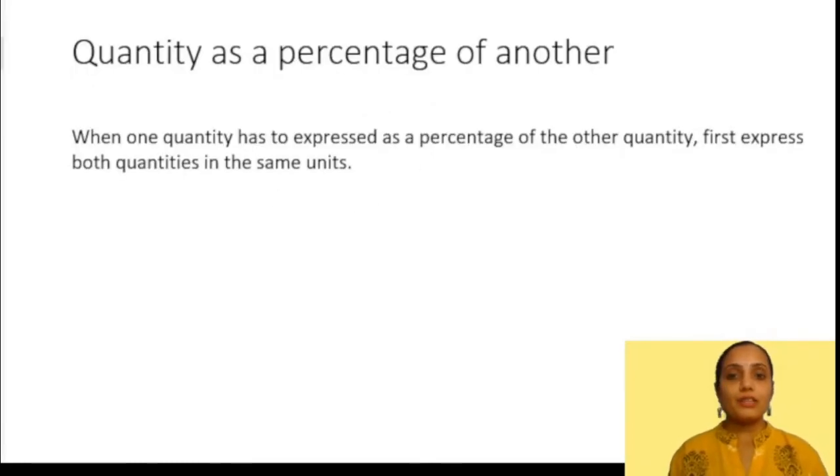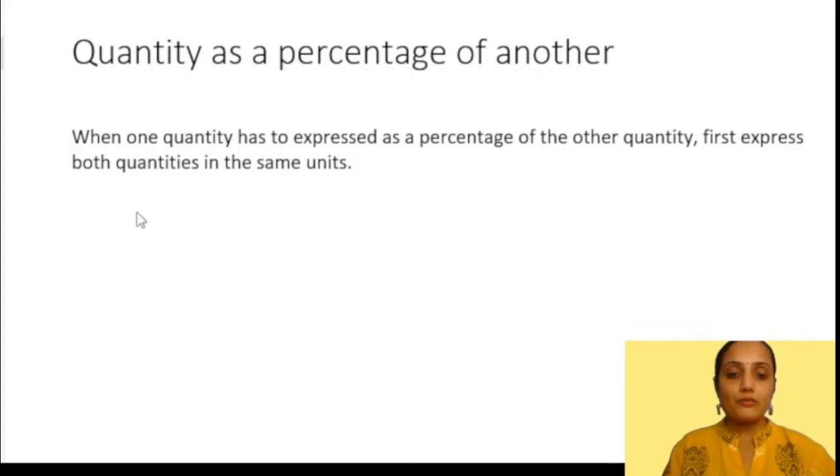So the next thing that we are going to see is expressing one quantity as a percentage of another quantity. That means the first quantity is a portion of the second quantity and the second quantity is considered as the whole. So the first thing that we will have to keep in mind is to keep the units the same. We'll always have to keep both of them in the same units.